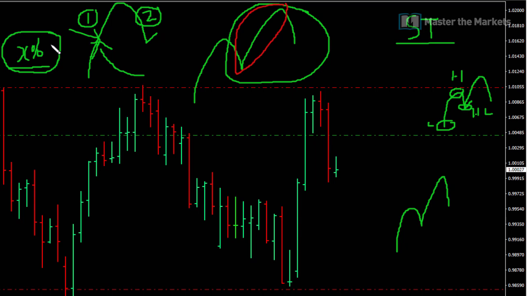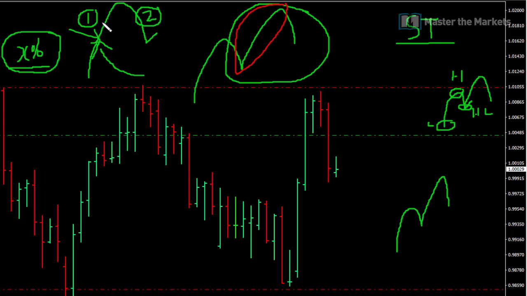And as you know, in Master the Markets, one of the unique points about us is that all the strategies that we trade are research backed with valid statistics. Okay, these are very critical for scaling and reproducing your strategy. So I want you to go and find out what the objective would be in a swing trading strategy in terms of how much percentage you should be capturing in phase one.